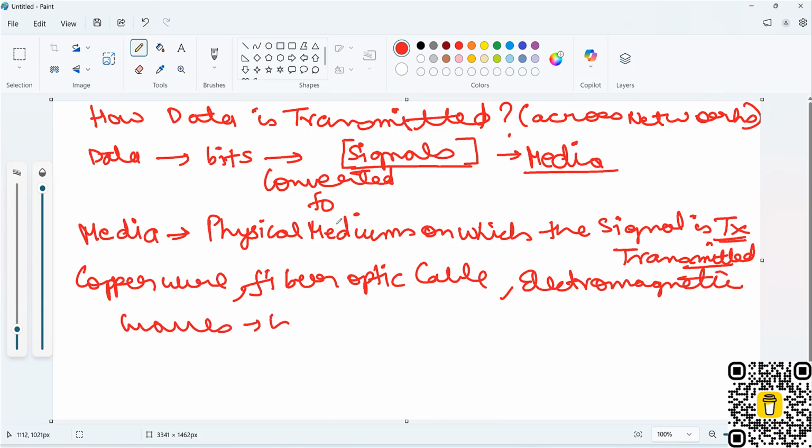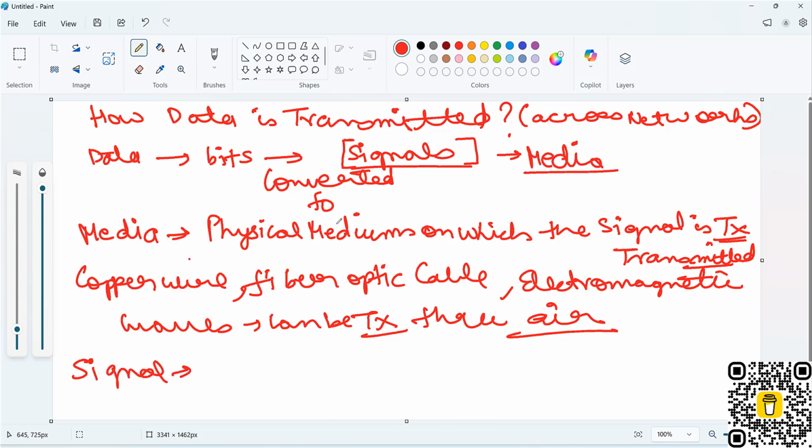Electromagnetic waves can be transmitted through air. So now let me discuss what a signal is. Media we have discussed. The signal is transmitted using media, and there are various kinds of media through which a signal is transmitted.